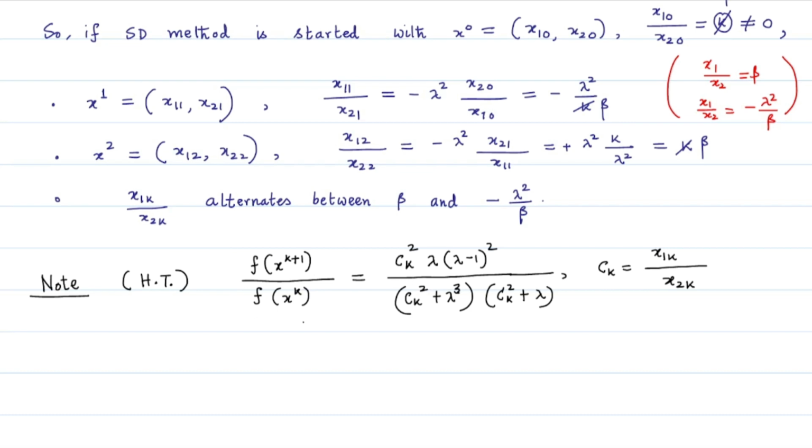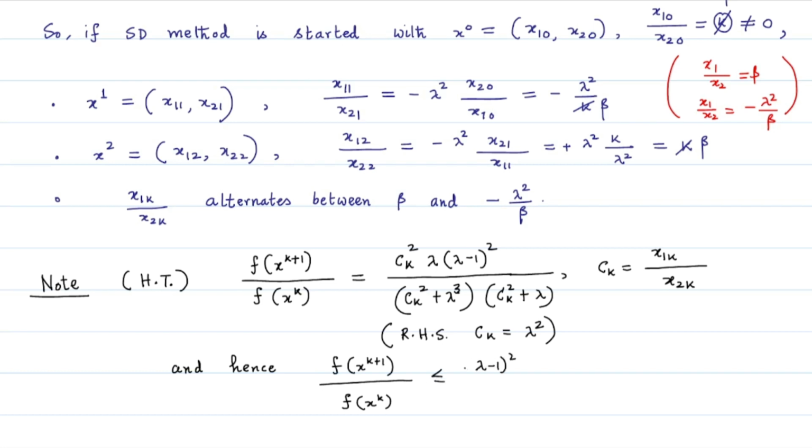Now after showing this equation is valid, try to prove that the expression on the right hand side is maximized when the value of ck is equal to lambda square, and hence cross-check that f of xk plus 1 divided by f of xk is less than or equal to lambda minus 1 square divided by lambda plus 1 square, which is certainly less than 1.